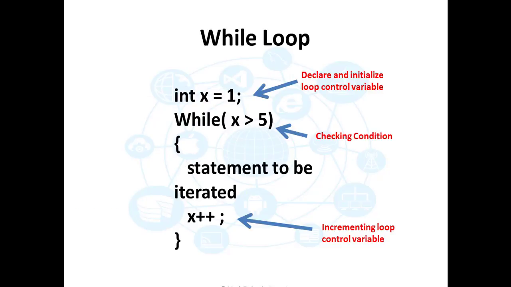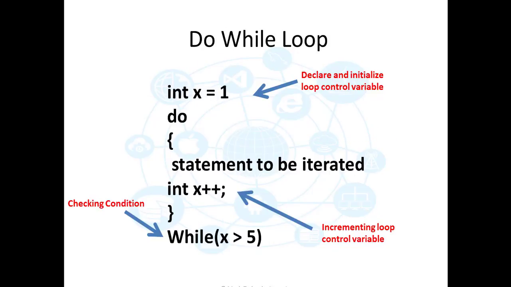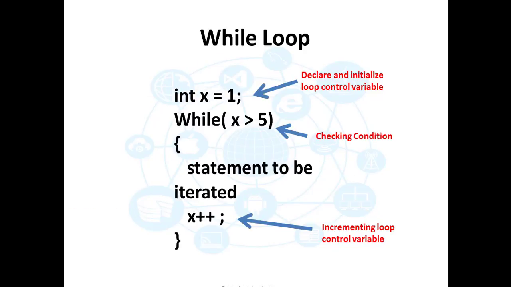Because if we check the difference between the while loop and the do while loop, what will happen? If the condition is x greater than 5, then no statement will execute, because the x value is currently 1, and the condition we are checking is that x should be greater than 5, then only will it go inside this loop.